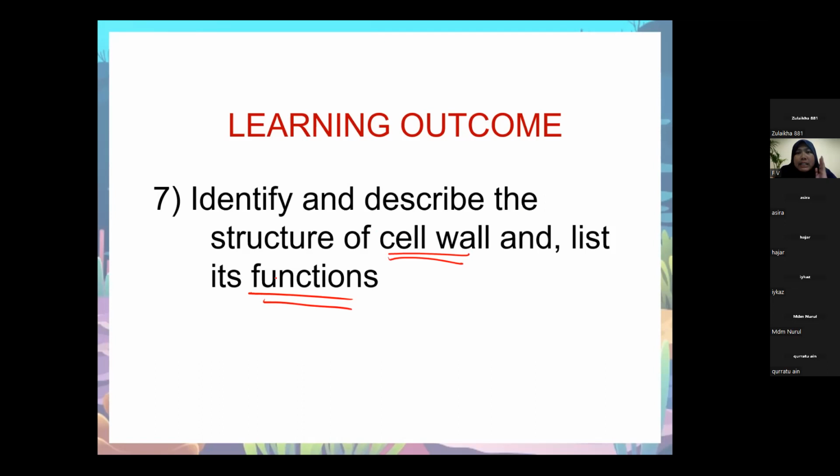Right, ingat, bila kata cell wall can be found in plant cell, salah satunya. Another one, it can be found in bacteria. But now we are talking about the cell wall of plant. Okay, so now we are going to identify and describe the structure of cell wall and list its function. So your LO is identify and describe. Okay.